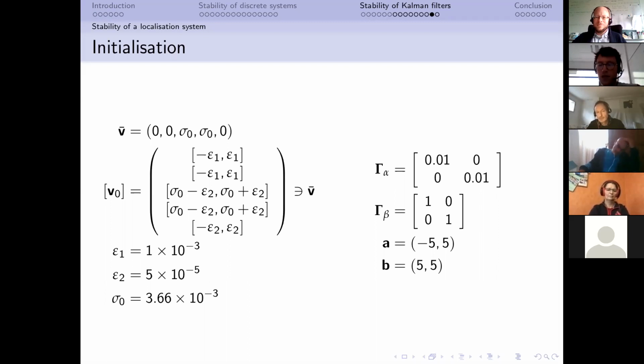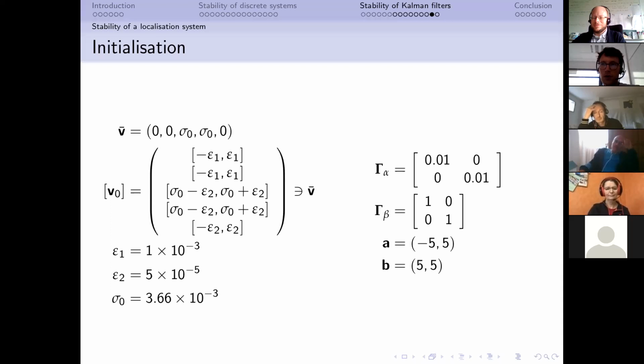But if it doesn't prove stability, that just means that the frequency is not high enough, or the initial neighborhood for the initial position is too big, so you definitely have lots of degrees of freedom on which you can play to actually prove stability.